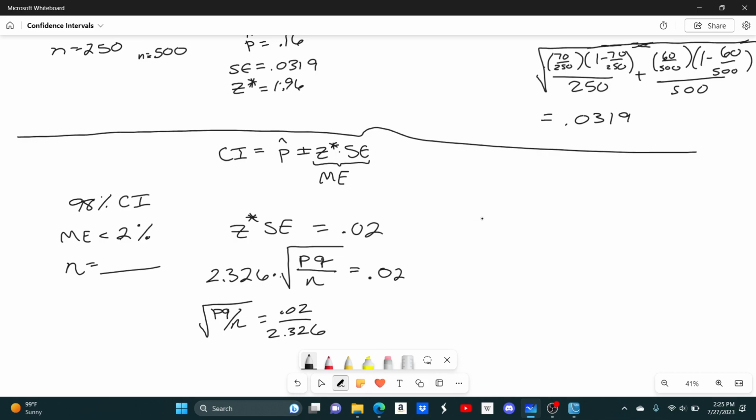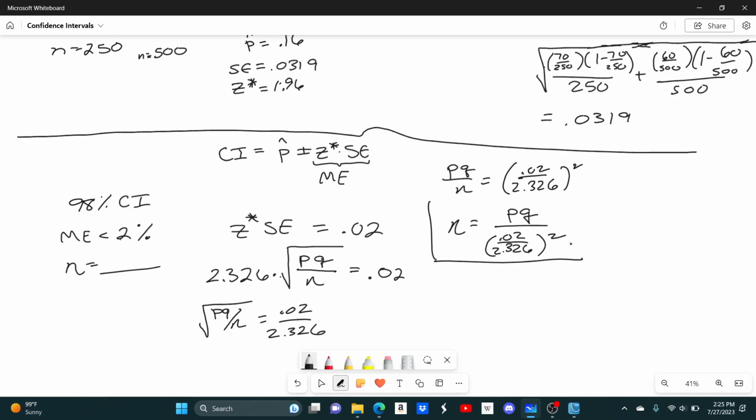And then if I square each side, I'll get PQ over N equals this whole thing squared. And then if I'm solving for N, which ultimately is what I want, I get N equals PQ divided by (0.02 over 2.326) squared. So if we had P and Q, this is how we would solve for N.